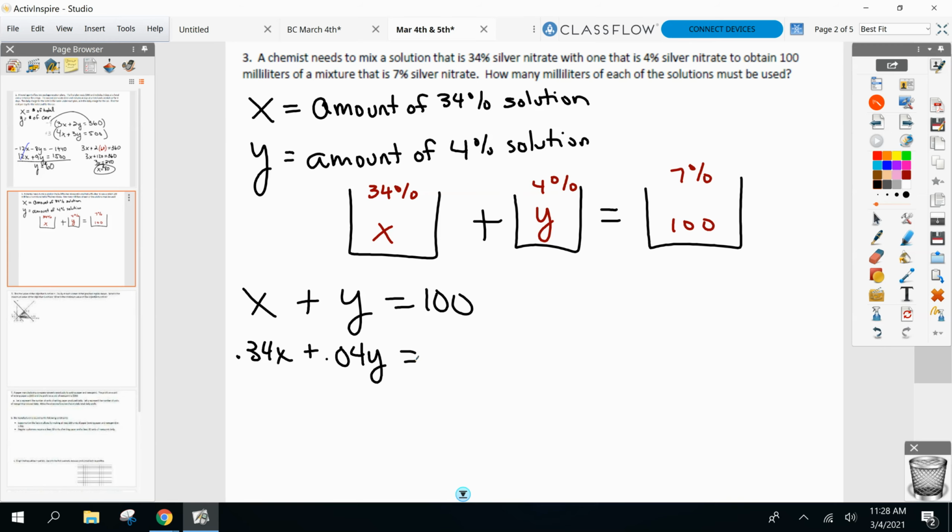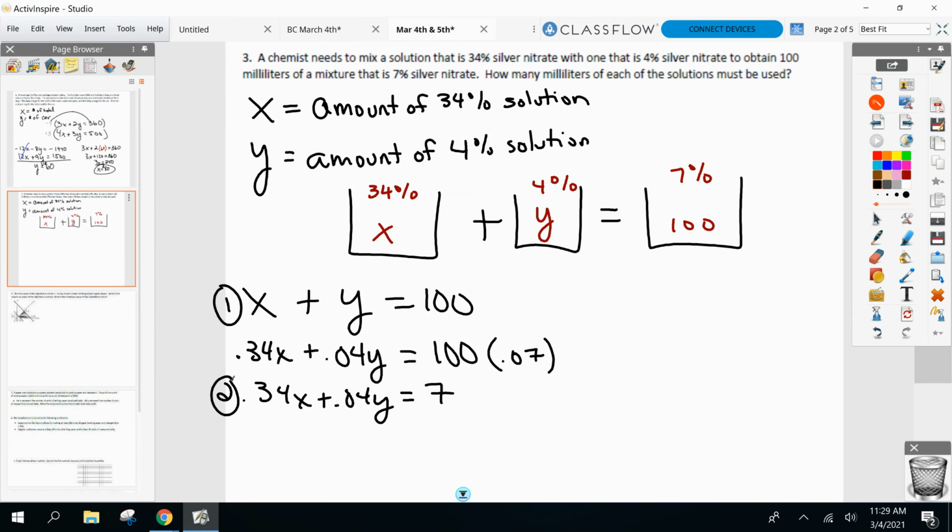So at the end, you're going to show me 100 times the percent, 7%. 0.34x plus 0.04y equals 100 times 0.07, which is 7. So you guys see the two equations now.